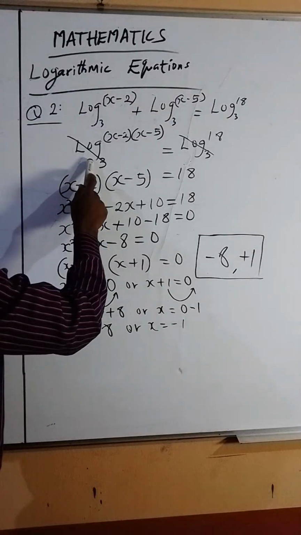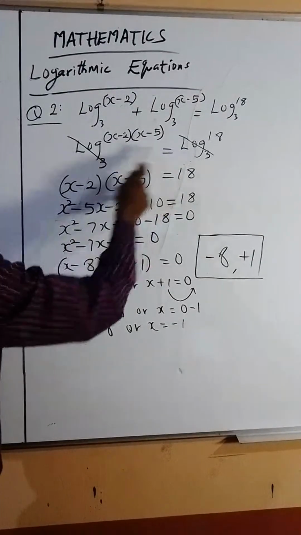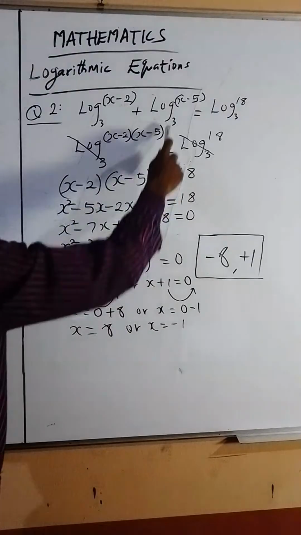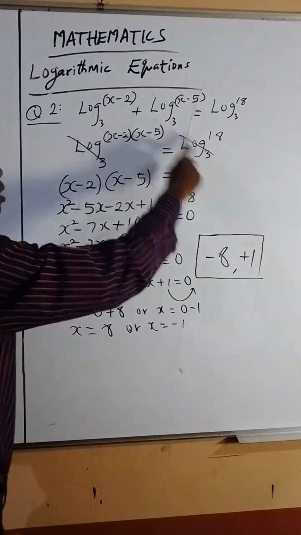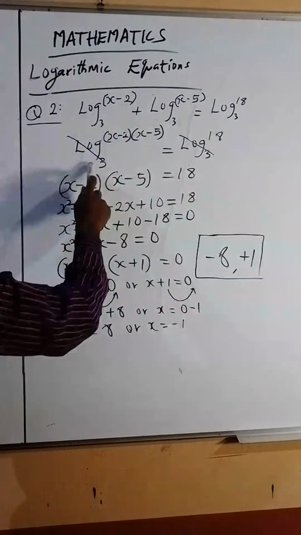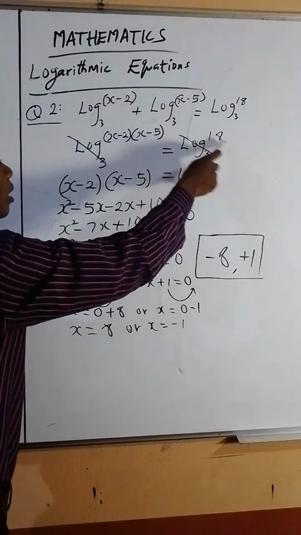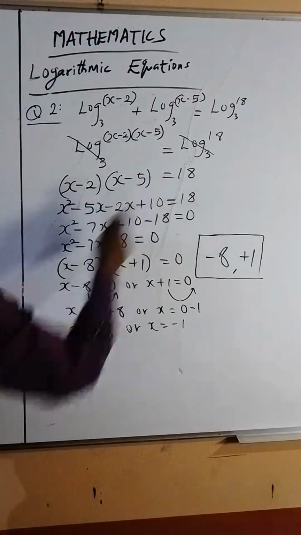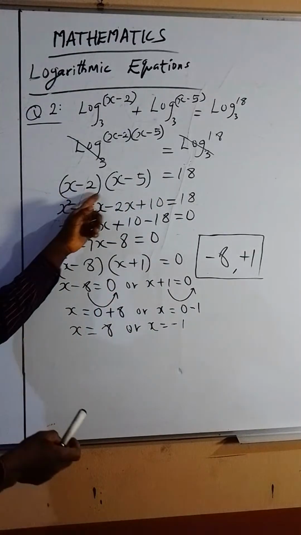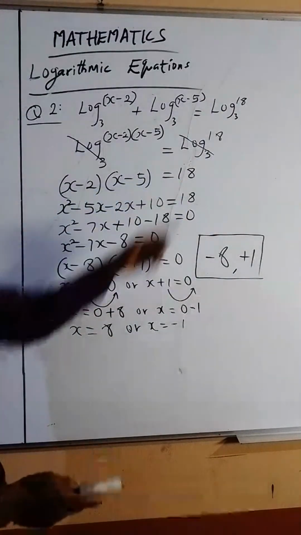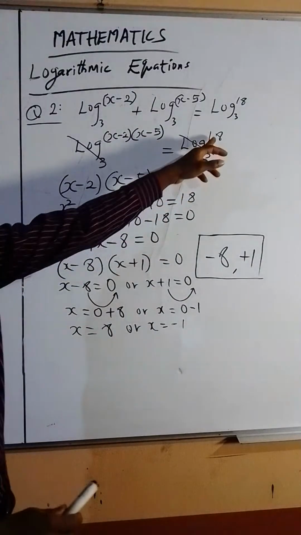Now that we have achieved this and simplified this particular one, we can strike them out. You can strike this one out. When we strike the logarithm to the base out, we are left with x minus 2 and x minus 5, then equating it to 18 here.